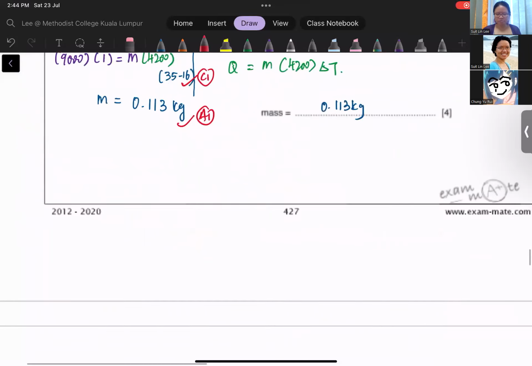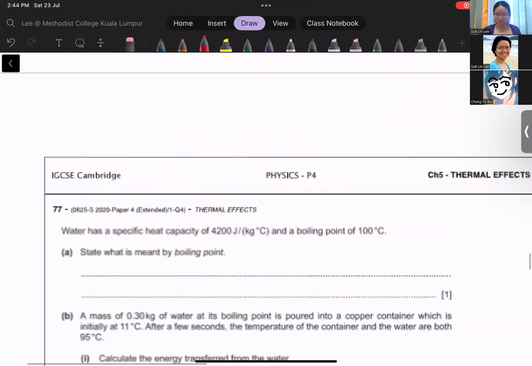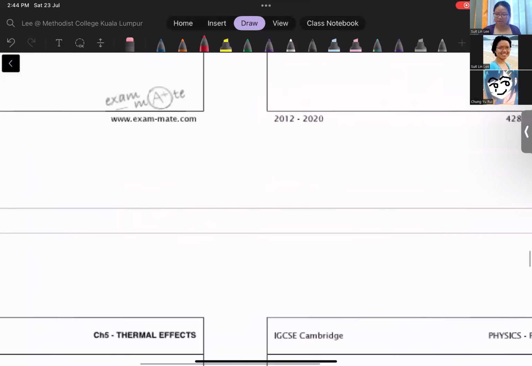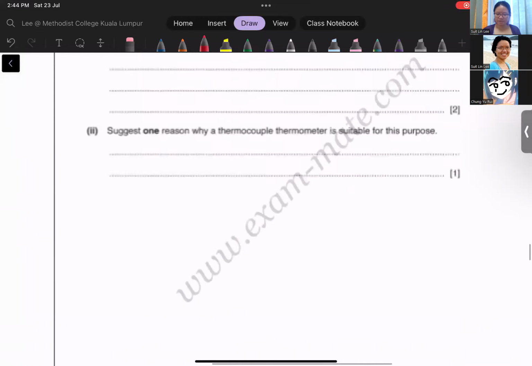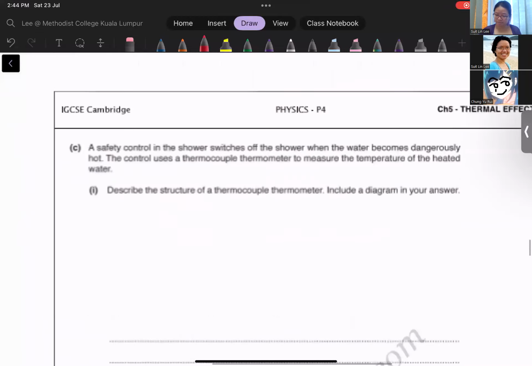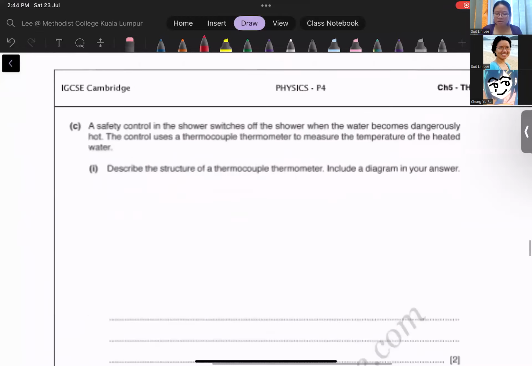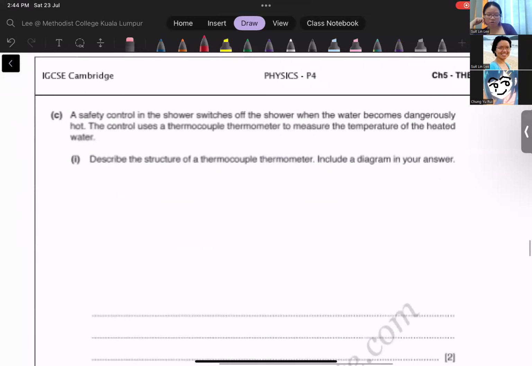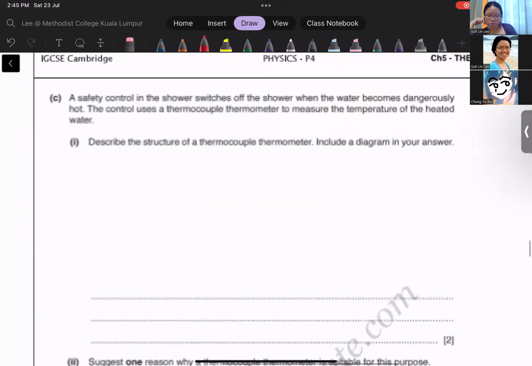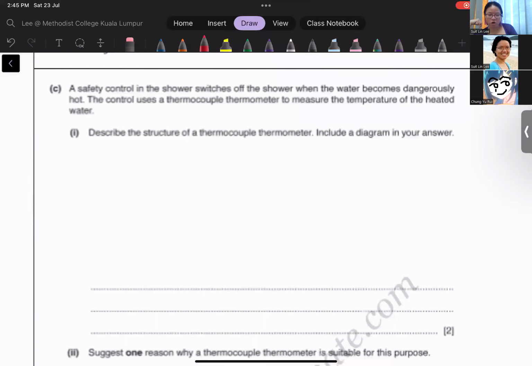Okay, let's look at the last part of the question first. Okay, next side. A safety control in the shower switches off when the water becomes dangerously hot. Have you ever been to a hotel and you don't know how to use the shower, then you accidentally burn yourself?